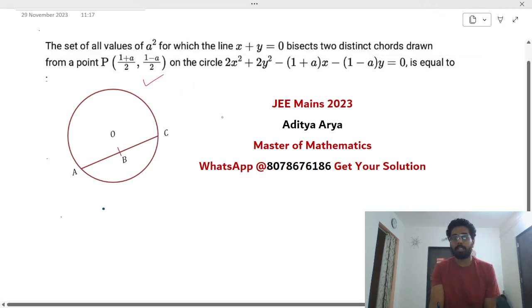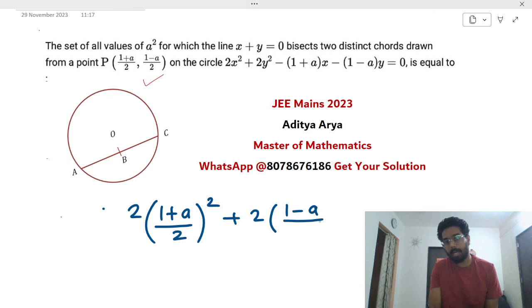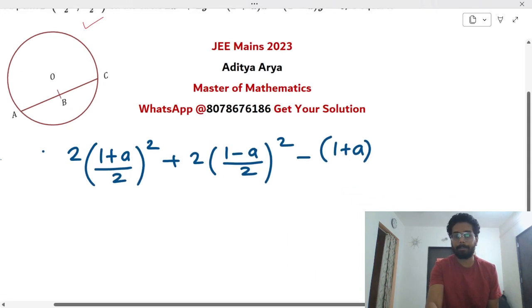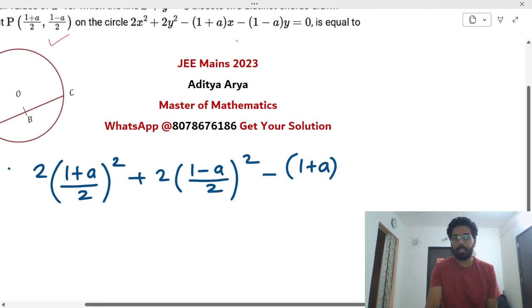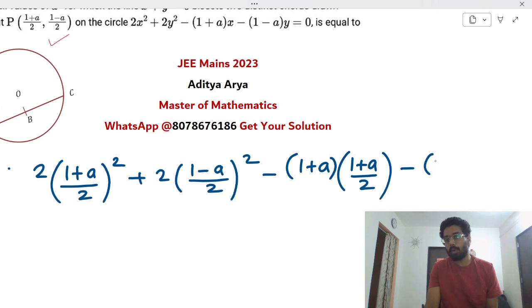So in the point we will put 2 times (1 plus a by 2) whole square plus 2 times (1 minus a by 2) whole square. That's how we will check. Minus (1 plus a) multiplied by 1 plus a by 2, minus (1 minus a), and the y coordinate of point P is 1 minus a by 2.